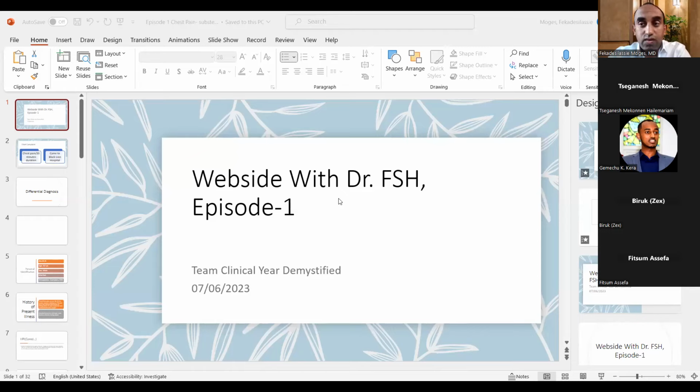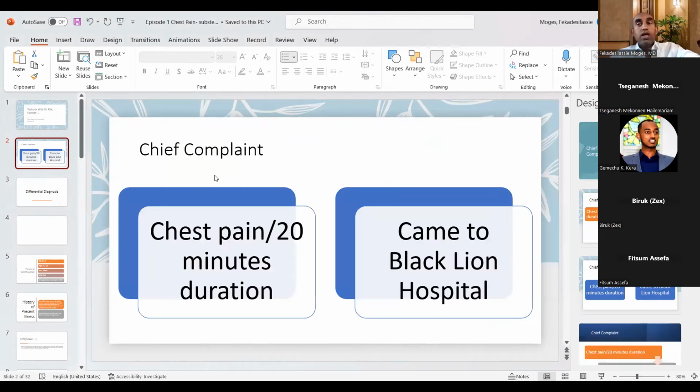Everybody who is interested can contact Zex, Gamacho, and others, and we are more than happy to include you. I would be happy to see students from all the medical schools from all over Ethiopia. We are not focusing only on those medical schools located in Addis. Both private and government medical school students can participate in this project.